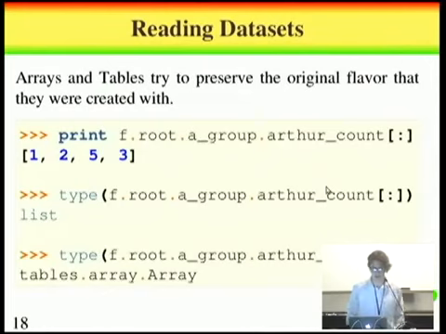And PyTables tries to do so. So here, when you ask for the count, what you in fact do get is a normal Python list. And you can check that with any sort of type checking mechanism that you so choose. But if this was an array, you would have gotten an array.